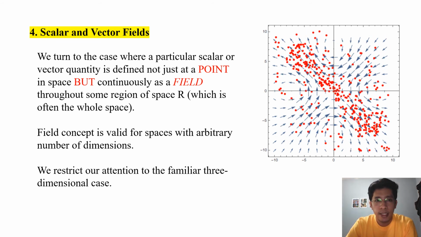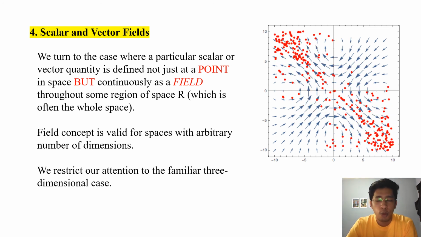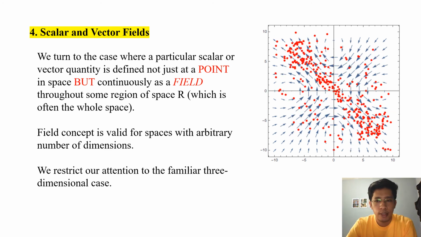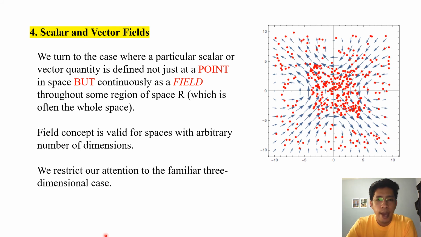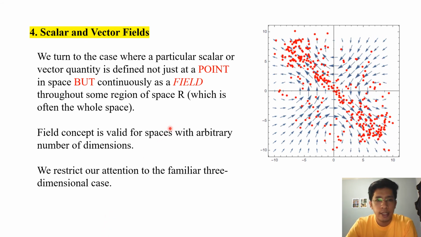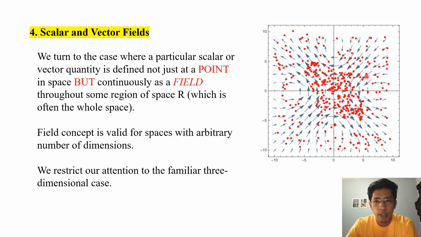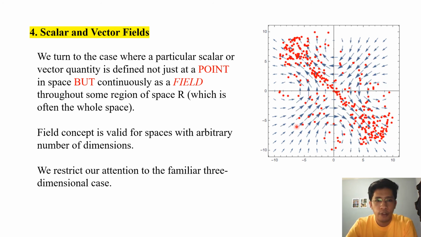So previously, when we were talking about scalar and vector quantities, what we meant were quantities represented by a point in space. This time, you're going to extend your scalar and vector quantities as scalar and vector fields, which is a field throughout some region of space R. Let's say, for example, you have this vector field here.